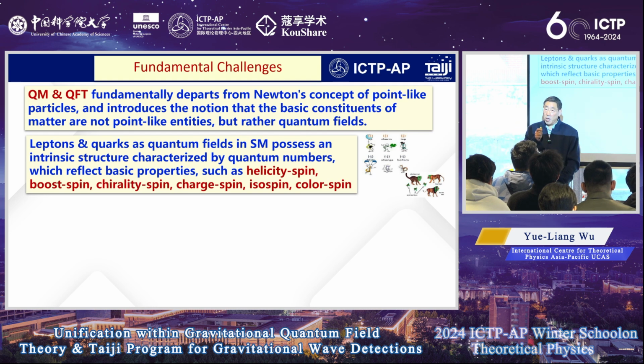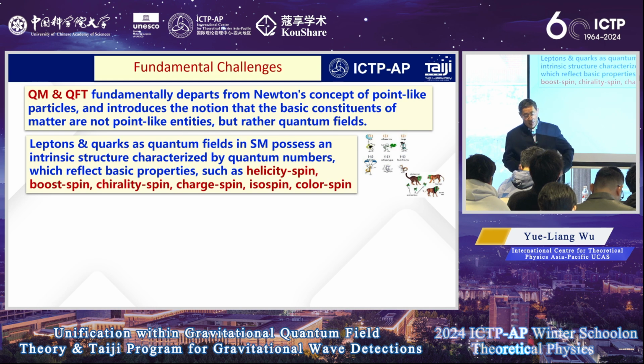Of course, there is one extension we know, as also our previous speakers mentioned, the string theory. It extends point particles to one-dimensional strings. So this is one step to extend Newton's concept of point particles.